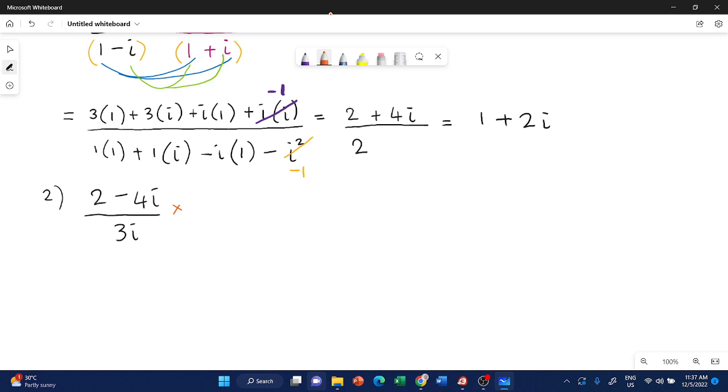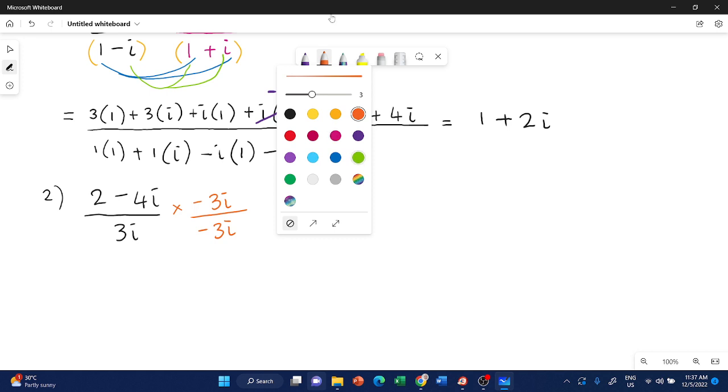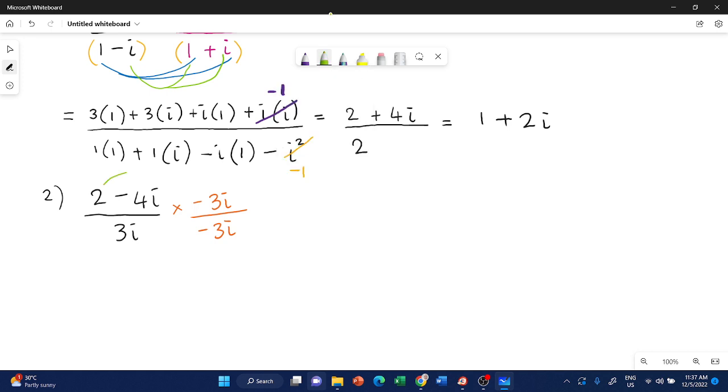Conjugate of 3i is negative 3i. Okay. Then we do the multiplications.